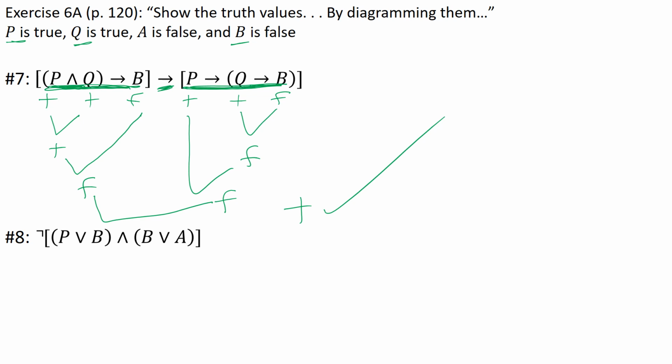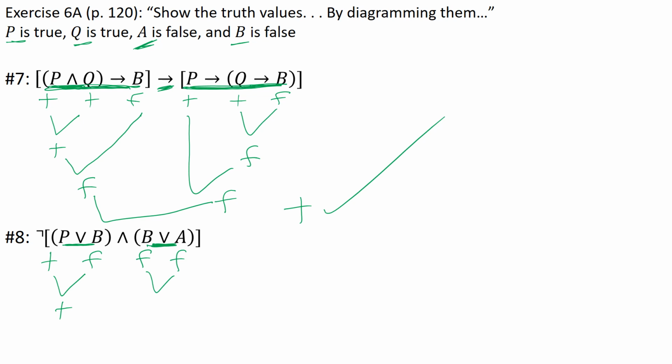Number 8, we know that P is true, B is false, A is false. So if we deal with this here, we have a disjunction, and only one value has to be true, so that disjunction is true. And here we have another disjunction.